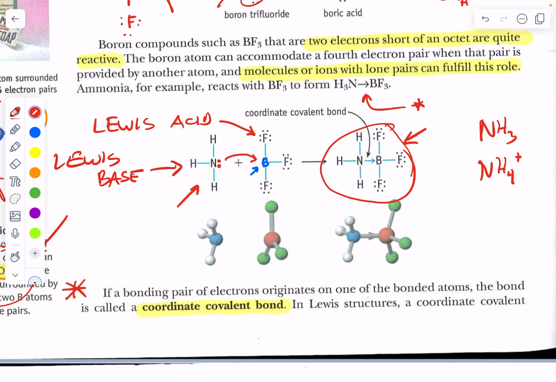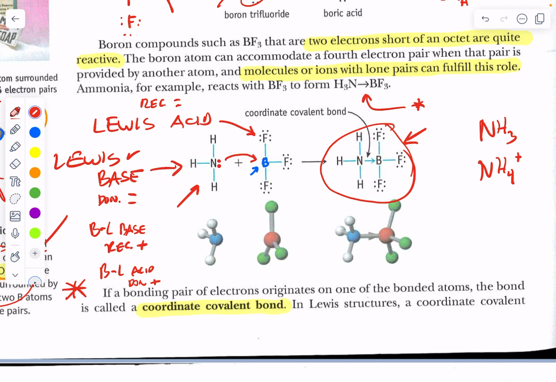And you might remember that we called a structure which donates a pair of electrons or shares a pair of electrons a Lewis base, not to be confused with the Bronsted-Lowry base, which receives a proton. A Lewis base donates or shares a pair of electrons. By the same token, a Bronsted-Lowry acid donates a proton, but a Lewis acid is going to receive a pair of electrons with their negative charges.